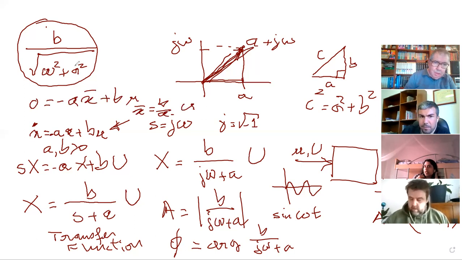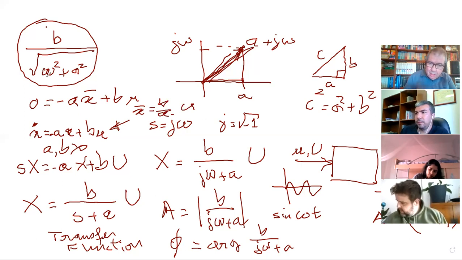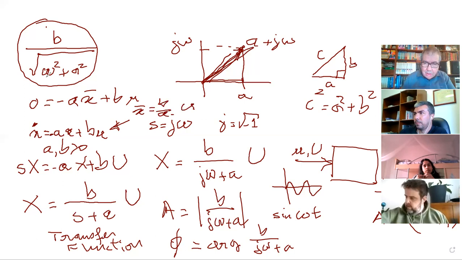B divided by A. So it agrees, at least in this case. Now, what happens when omega grows? What happens to the gain? It decreases.